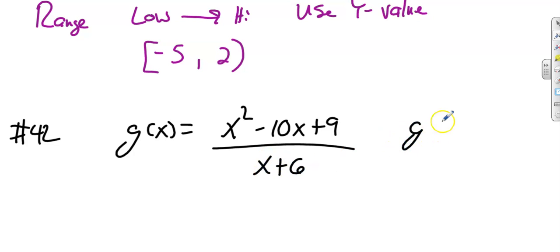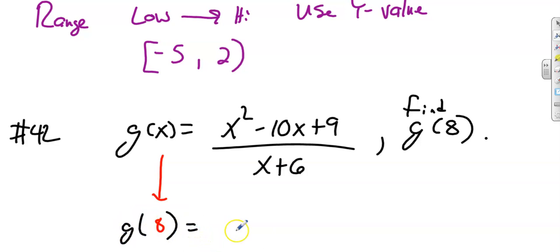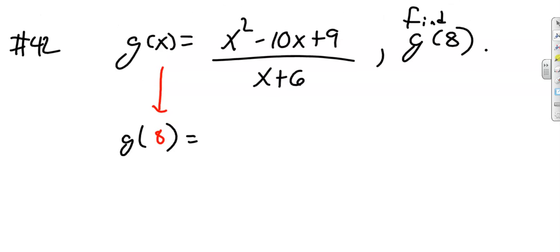And they'll still come back to tell you, okay, tell me what g of 8 is. Look, same setup as the earlier problem.